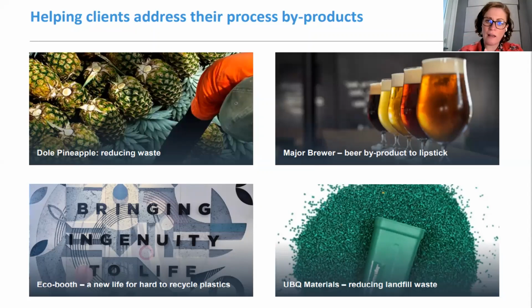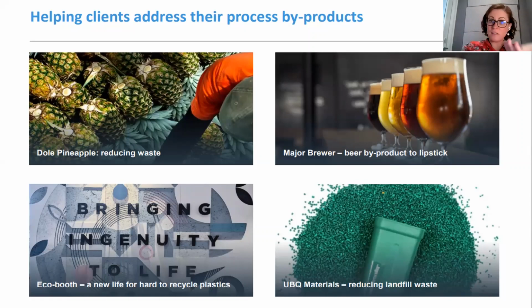We did a deep technical analysis on their brewer's spent yeast, and we worked out the best way to maximize value from it was to take it through one additional processing step and turn it into a feedstock for mascara and lipstick in the cosmetics industry.